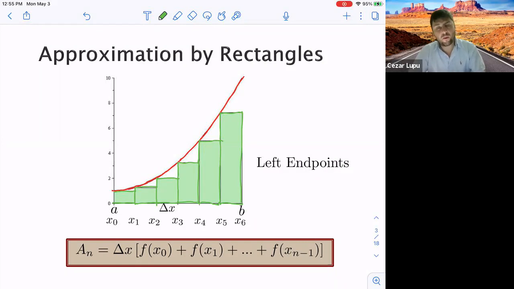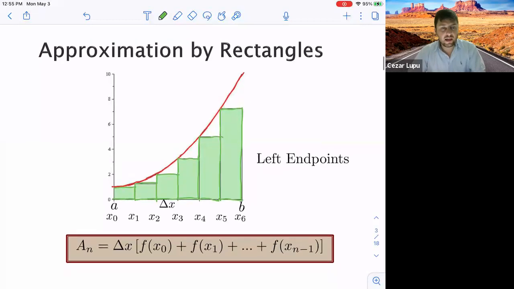And when you add up all these areas, you will get this expression that you see here, which is delta x times, well, you can factor delta x, and then you will end up with the sum of f evaluated at the left endpoints, right? And this is what you get.